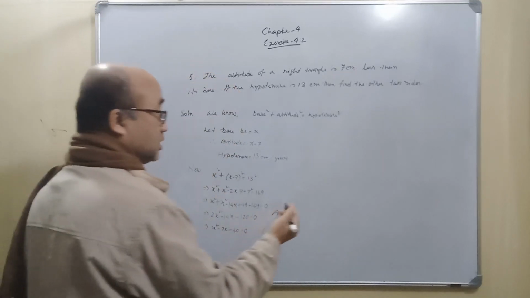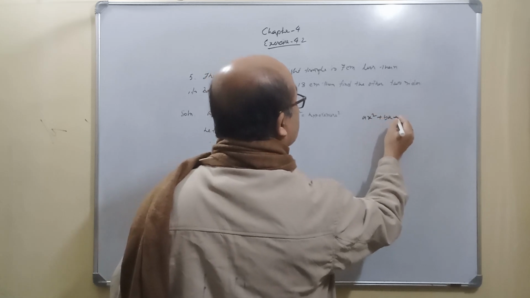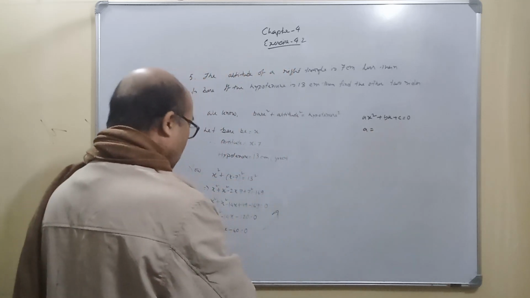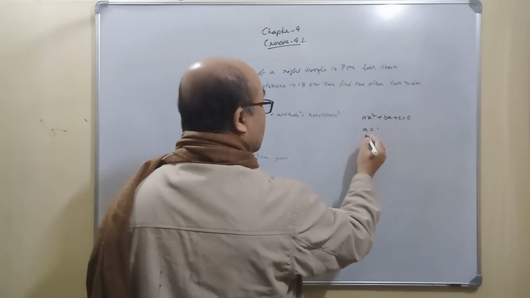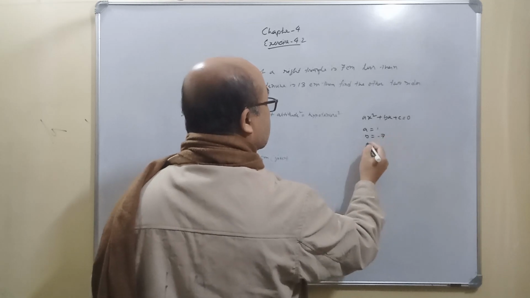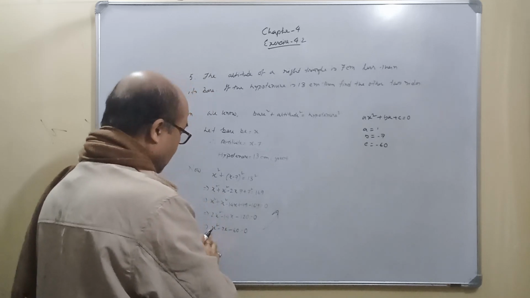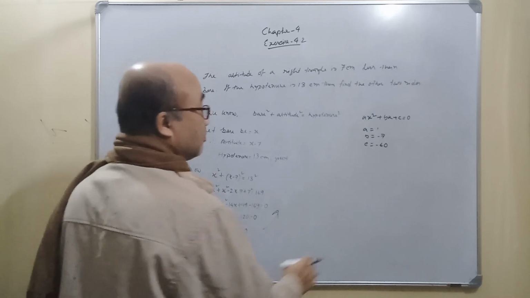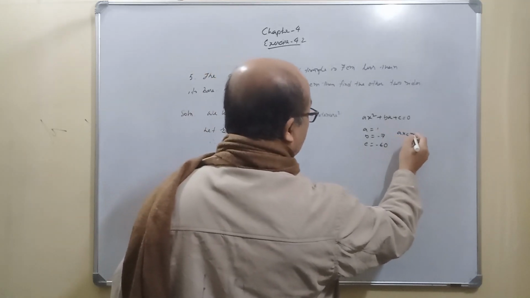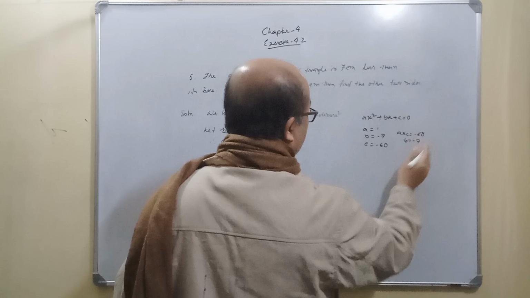This is a quadratic equation in the form ax square plus bx plus c is equal to 0, where a is equal to 1, b is equal to minus 7 and c is equal to minus 60. You can see here 1, minus 7, minus 60. So the procedure is to find the product of a and c, which is minus 60, and b is already minus 7.